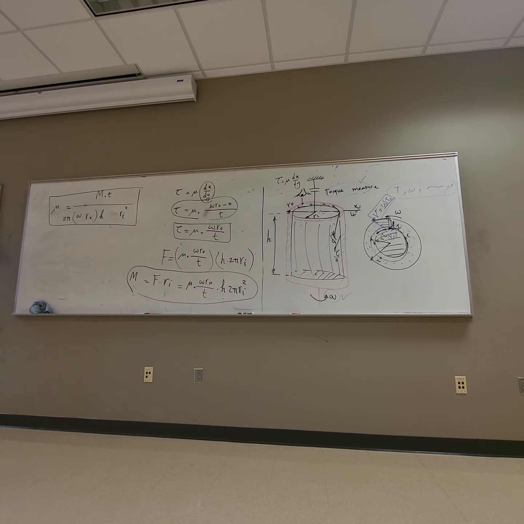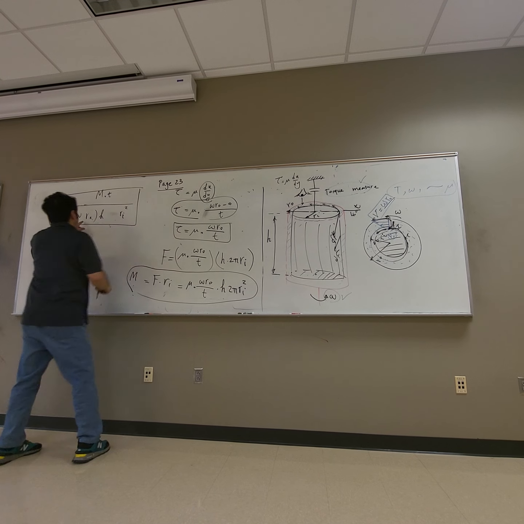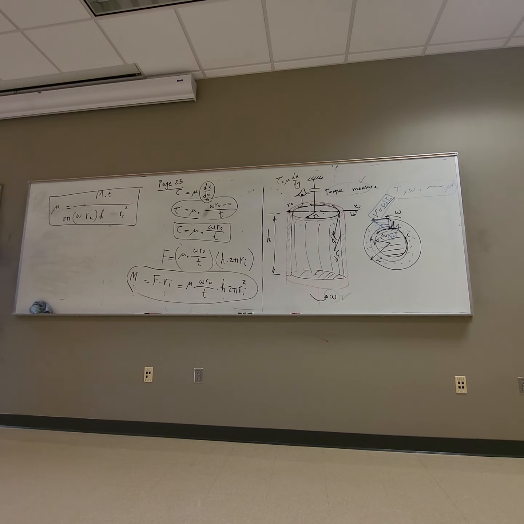How come we neglected the bottom surface area of the cylinder? Okay. Your book is not including that because it's a little bit complicated. If you go to your book, this is page number 23, and this equation is in your book. This equation is simplified.